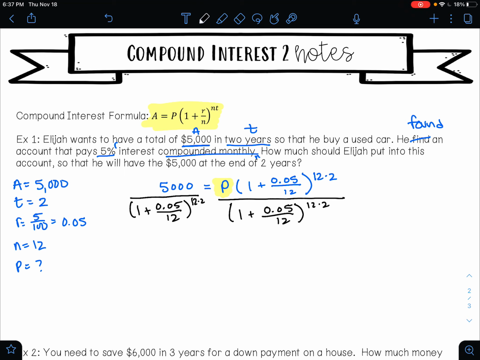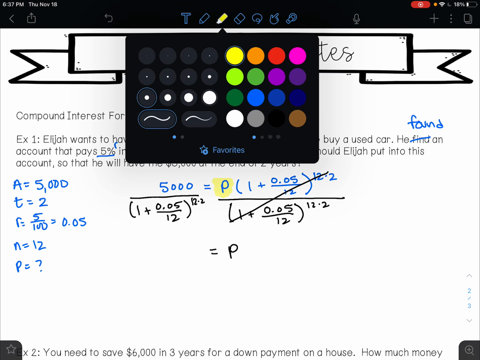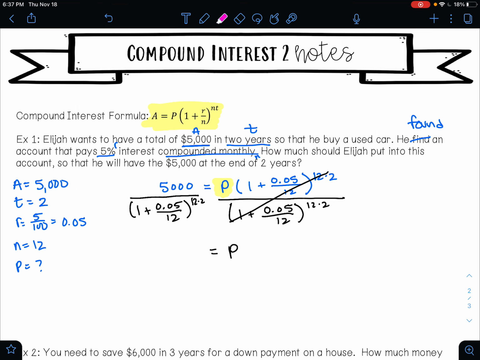All right, so everything that's on my screen should be on your paper. Multiplication undoes division. So this side cancels. And all that's left on the right-hand side is P. On the left-hand side of my equation is this.